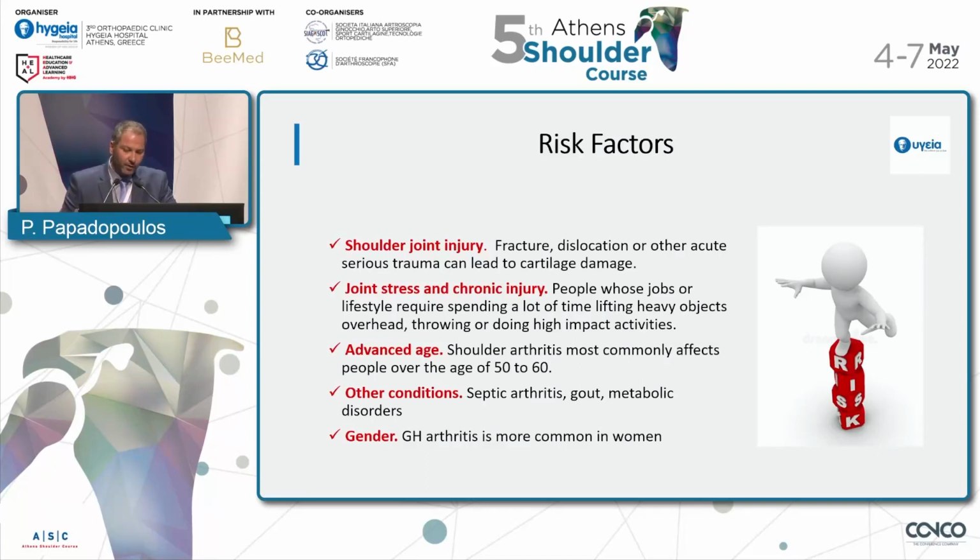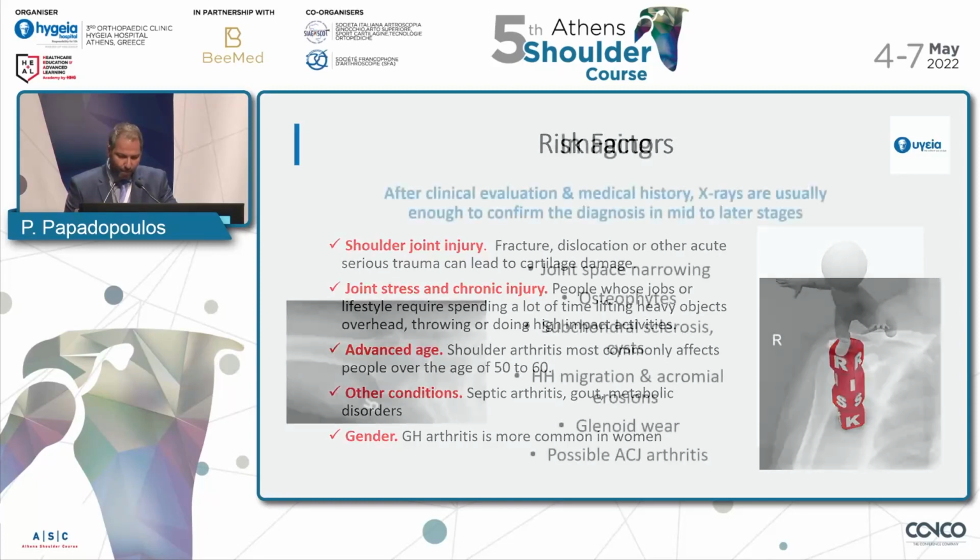We also know that arthritis advances with age, most commonly affecting people over the age of 50 or 60. And arthritis can develop in other conditions also, such as septic arthritis and other metabolic disorders. And we know that arthritis is also more common in women than in men.